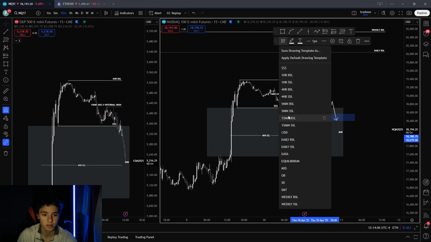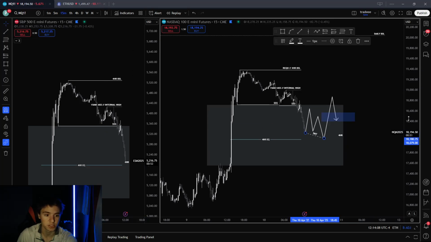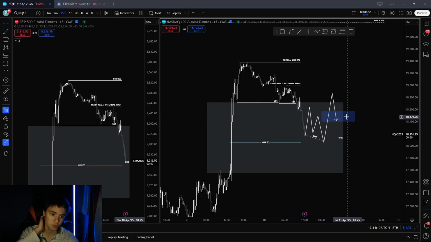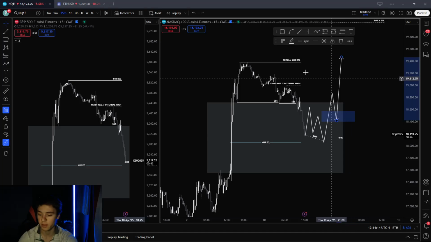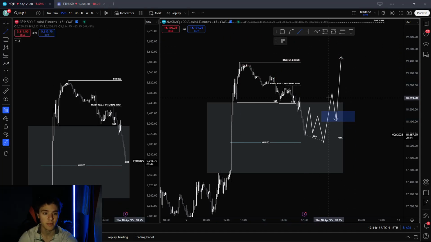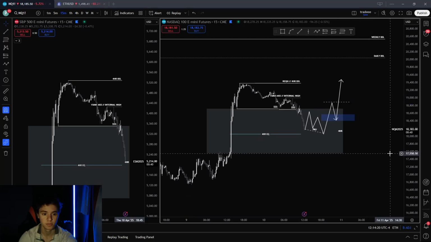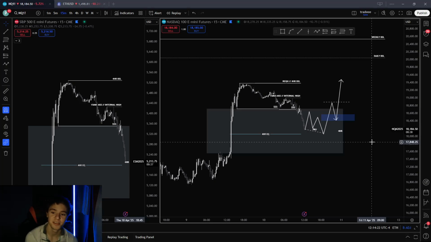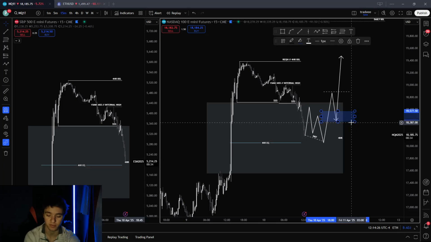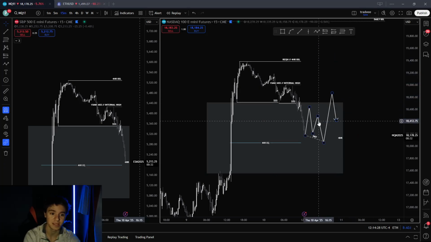Boom, this would be an A+ trade for me to then catch longs with our external draw on liquidity being this 4-hour high, and then most likely taking profits at this internal high here. So, if I could have it my way, I would have this kind of structure start to form. But we'll just have to wait and see.